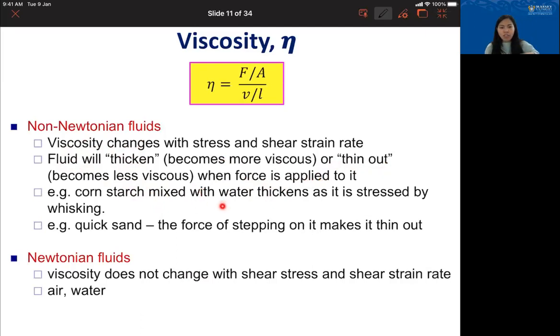Initially you start from a thin fluid, but as you continuously mix it together, the mixture starts to thicken. That's because as you mix, you're applying more stress to the mixture, and that changes the viscosity of the mixture, making it more thick.